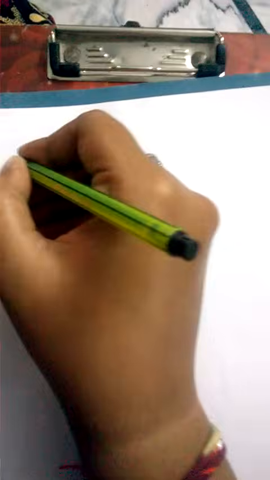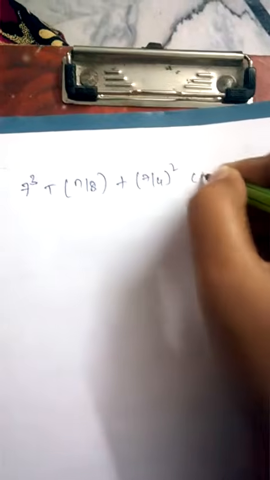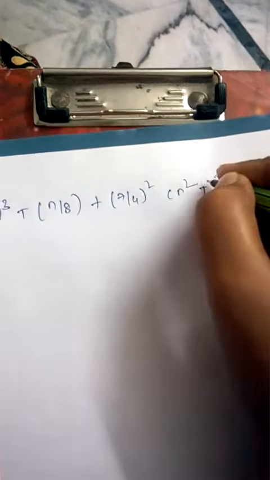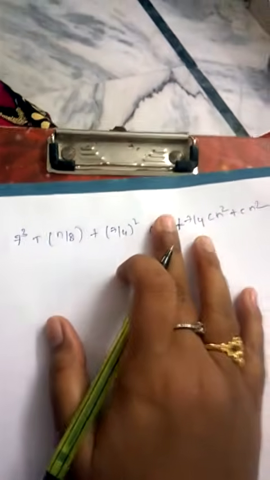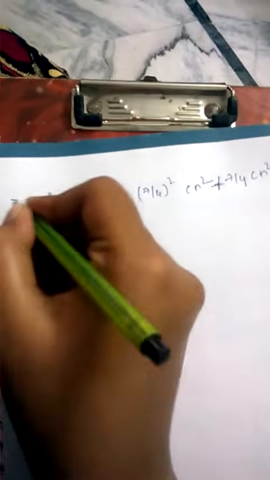If we resolve that equation, we will get the equation 7 cube T of n by 8 plus 7 by 4 whole square cn square plus 7 by 4 cn square plus cn square.